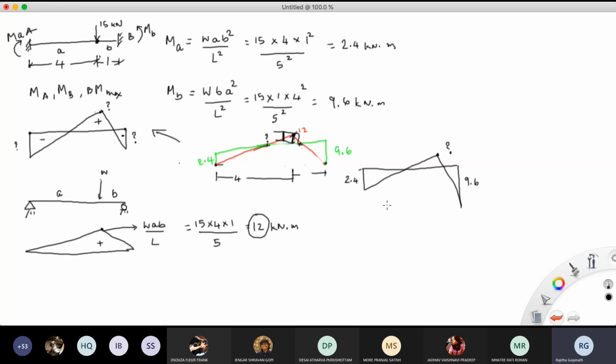Well, you can understand the same thing by using the fundamentals, right? Here you know this is a sloping line, going from 2.4 to 9.6. So you know that for a beam of 5 meters it is going from 2.4 all the way to 9.6, right?